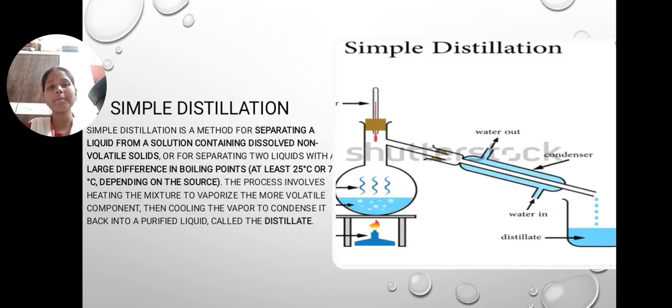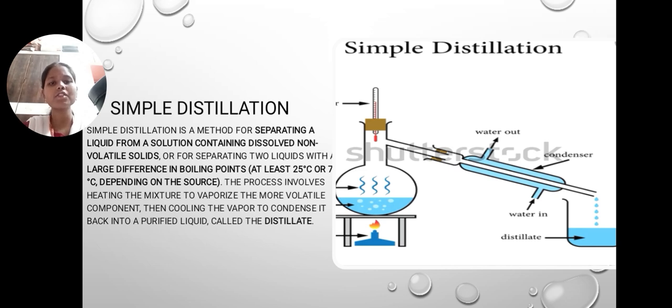Now let us see about simple distillation. Simple distillation is a method for separating a liquid from a solution containing dissolved non-volatile solids, or for separating two liquids with a large difference in boiling points. At least the difference must be 25 degrees Celsius.